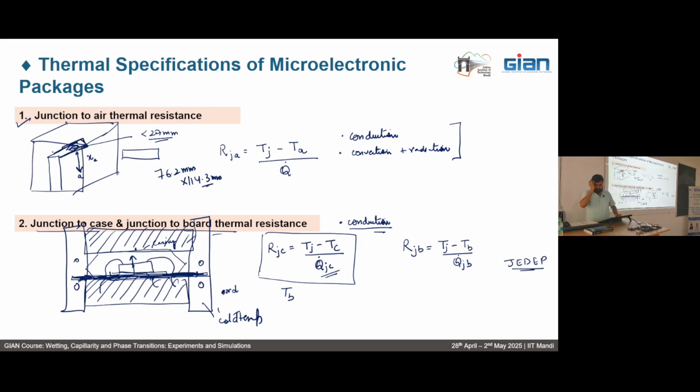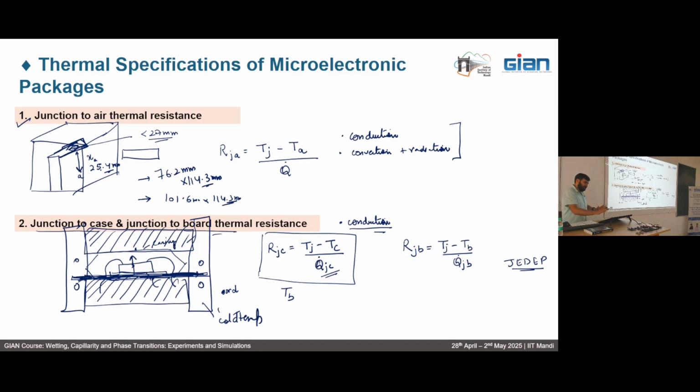And if its size lies between 4.5 millimeter and 2.7 millimeter, then in that case the size of this cantilever is also defined. It is 101.6 millimeter times 114.3 millimeter, and this thermocouple is 25.4 millimeter below this device.